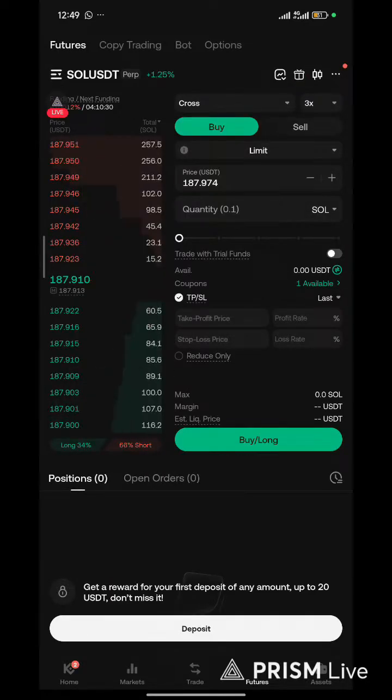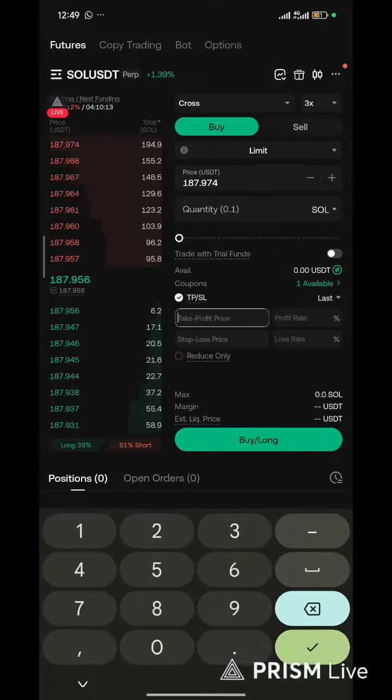Remember, we have done our take profit and our stop loss. We're going to say this market in a limit. Okay, limit. So you're going to say take profit.